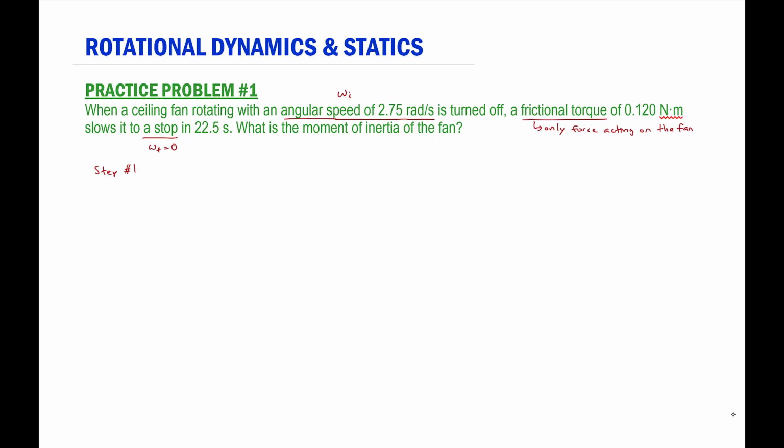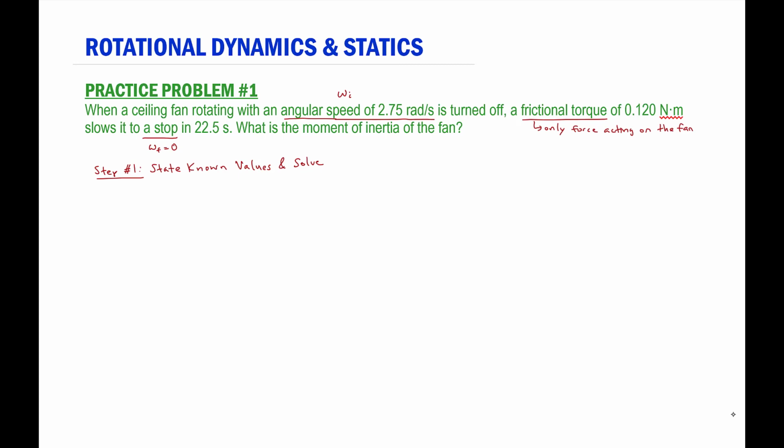So let's start with our first step. Essentially, it's just state known values and solve. So this is simple. We don't really need a picture for this one. We just need to state what values we're given, figure out what we're trying to find.